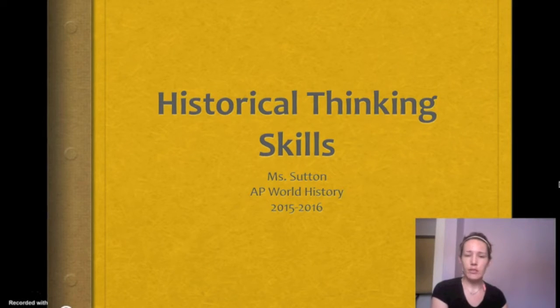So this is to outline the historical thinking skills that the College Board has outlined for AP World History. Now, if you've taken another AP History, in AP Euro, it was before the redesign, so we didn't really talk much about historical thinking skills. When we did, we didn't really have these key categories for them.